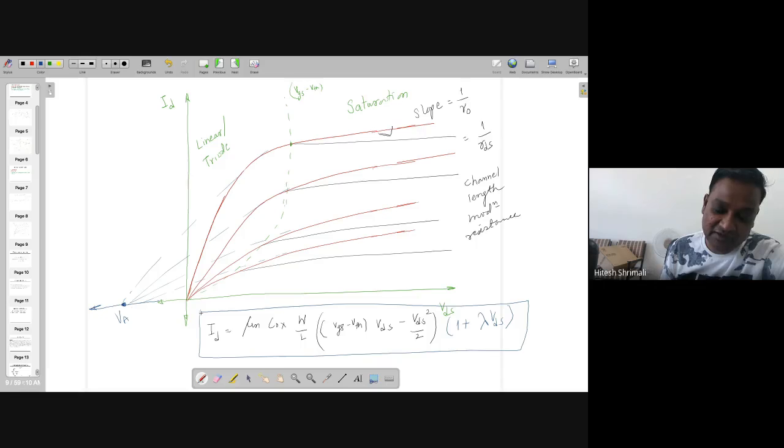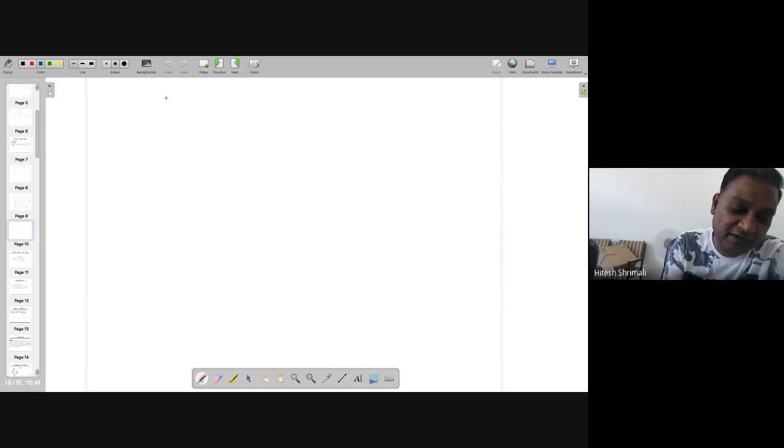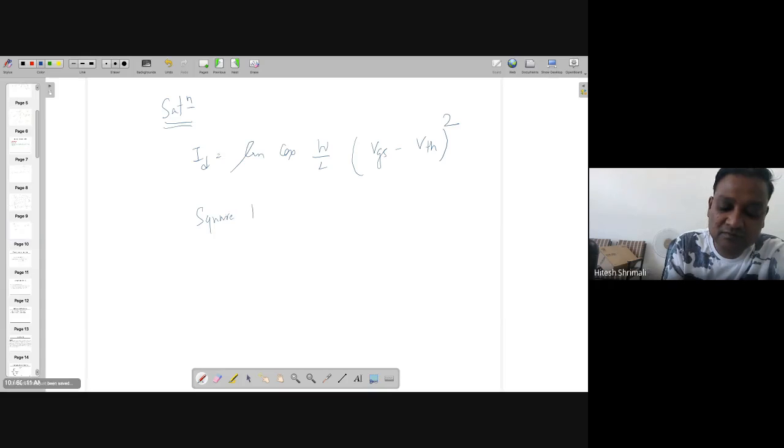Moreover, in saturation mode of operation, the current equation is like this. Because of this square, it's known as the square law equation. But this is only valid for the saturation region only.